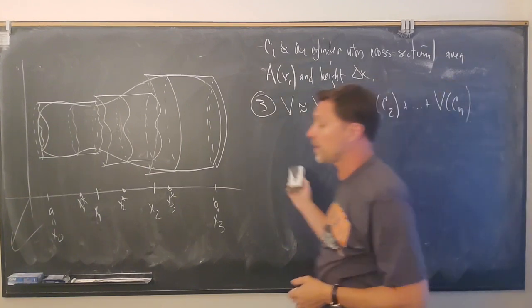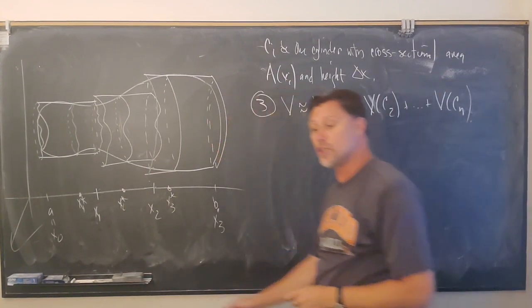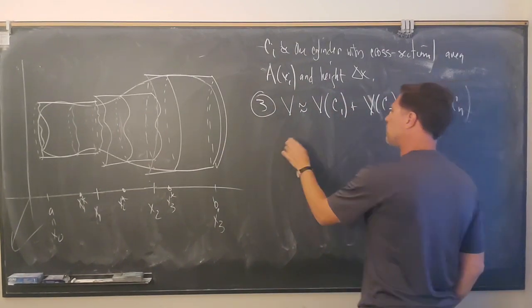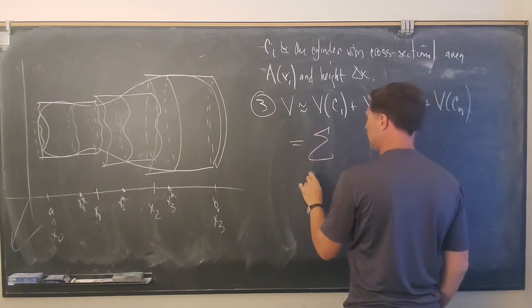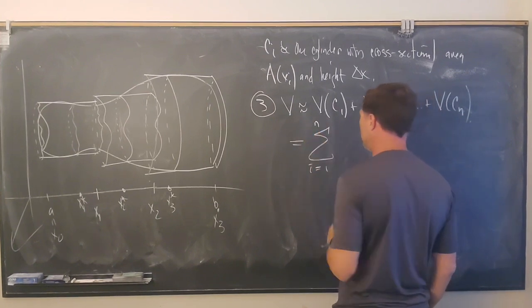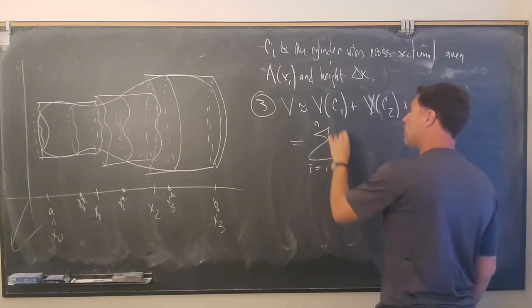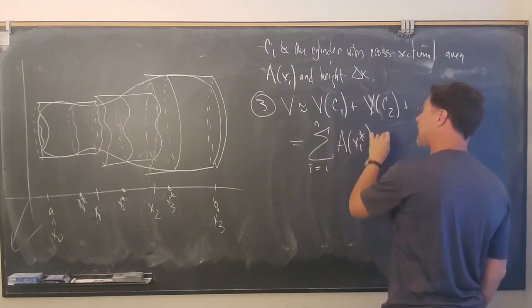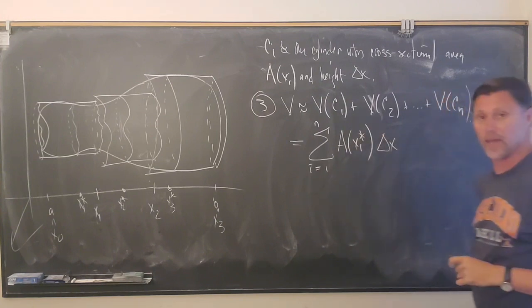If we want to approximate the volume of our original solid, we can do that by adding the volumes of these cylinders. And how do we compute this? This is the sum, I equals 1 to n. The volume of a cylinder, remember, is the area of the cylinder, which is A of xi star, times the height, which in this case is delta x.